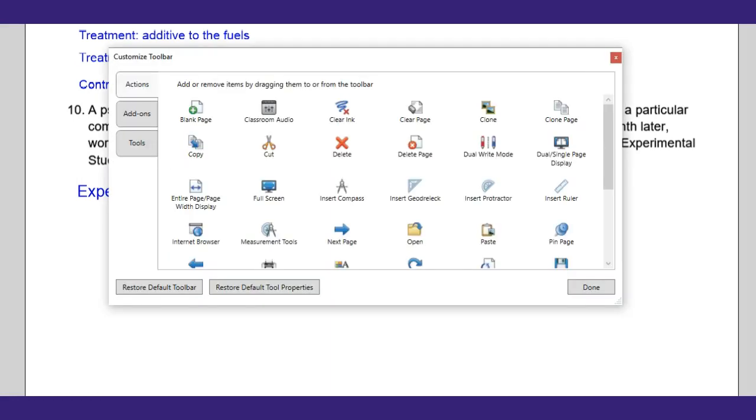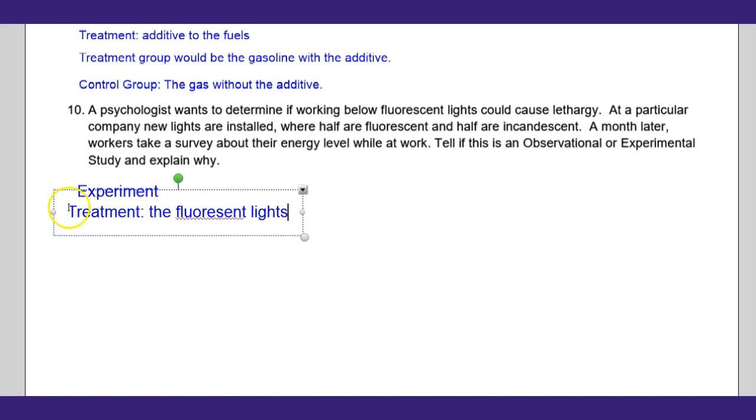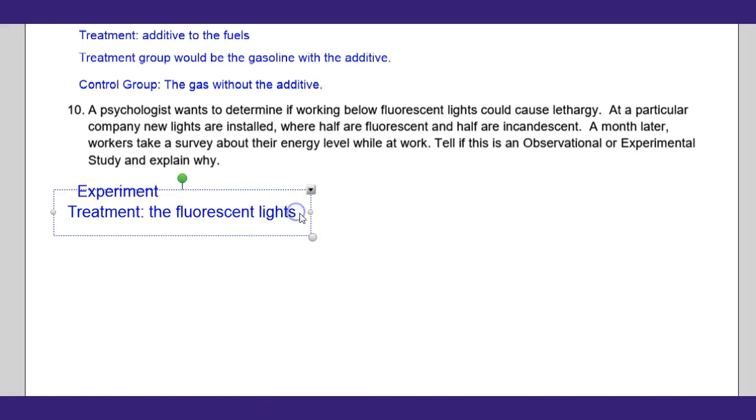There's a treatment being done, and the treatment is the fluorescent lights, because they're trying to see. I still misspelled it. The fluorescent lights are the treatment. And then the treatment group, of course.